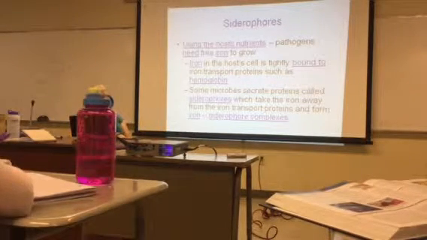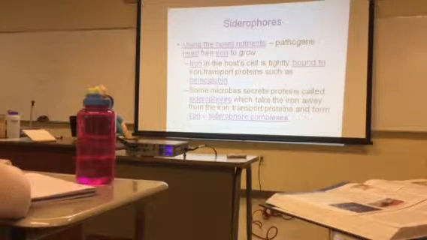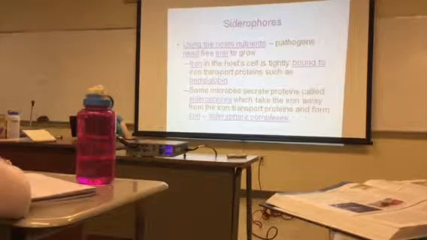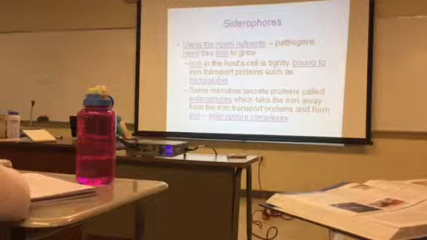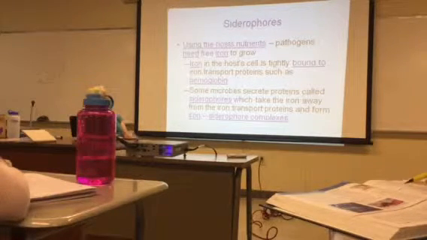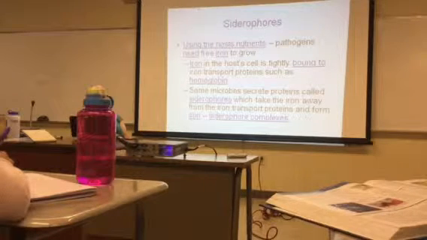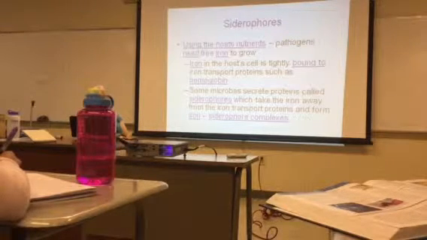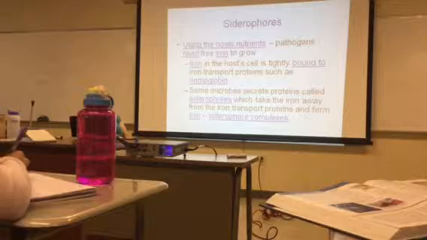Siderophores. The pathogens need to use some of the host nutrients. They need iron to grow, and inside the host, the iron is usually tightly bound to iron transport proteins such as hemoglobin.